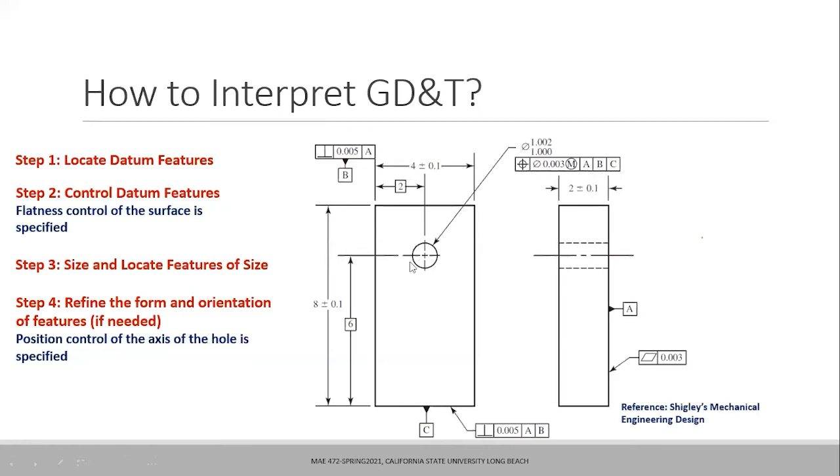Because this is an internal feature. It has an MMC at 1. No, it will not be 0.005, sorry. It will be 0.003, because at MMC, the MMC is at 1, right? For an internal feature, at MMC, this is the tolerance zone. But when I am away from my MMC, which is when I am at 1.002, then it will be 0.005.